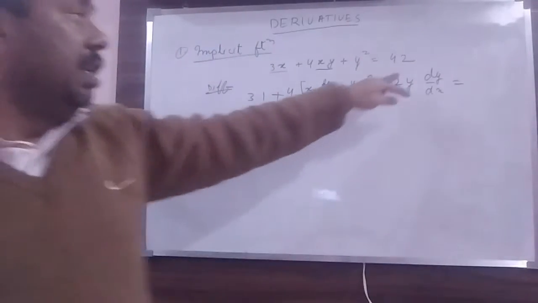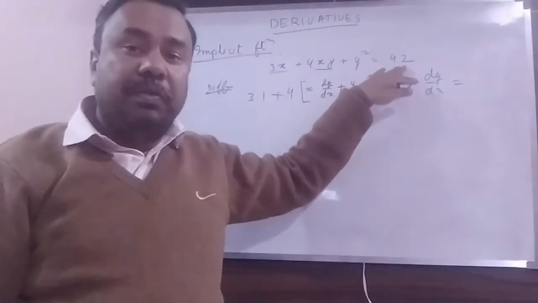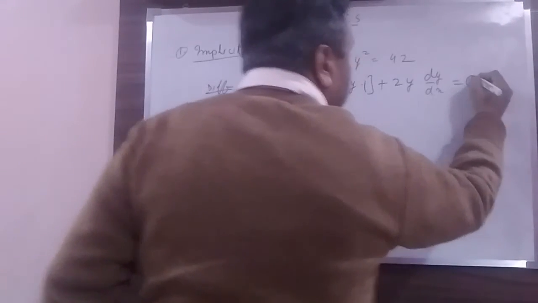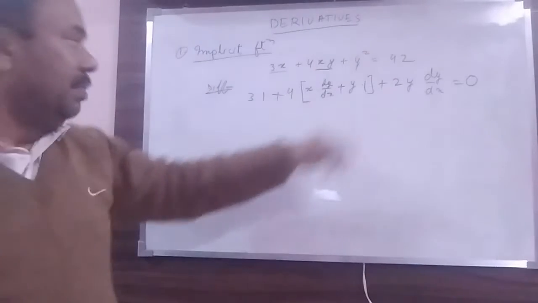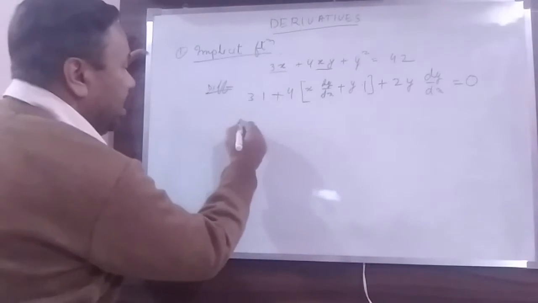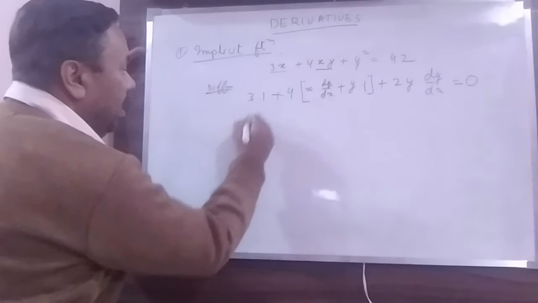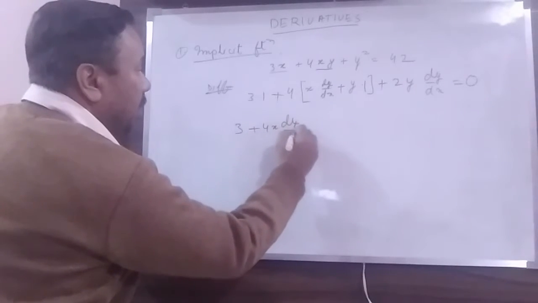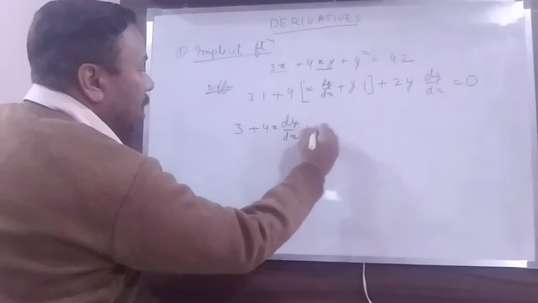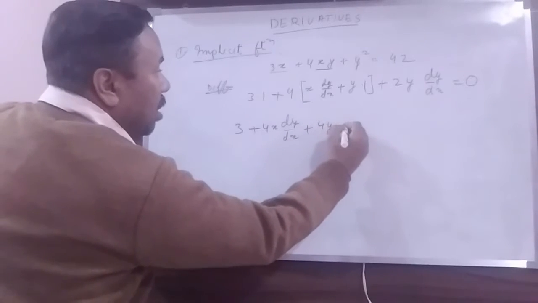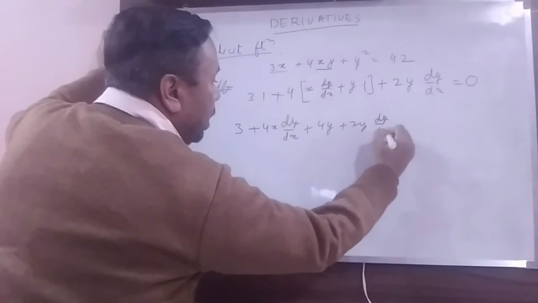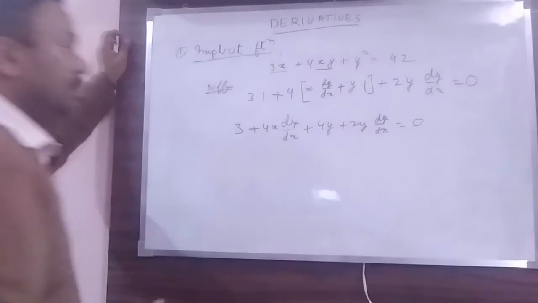The right hand side is a constant number, so the differential coefficient will be 0. Now what I get is 3 plus 4x into dy by dx plus 4y plus 2y dy by dx equal to 0.